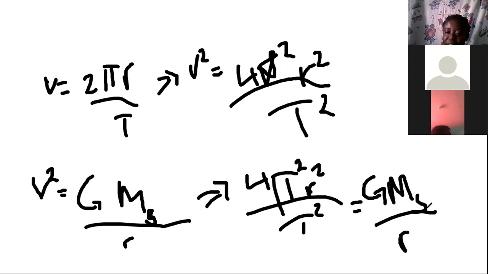Okay, so if you want to now bring the t, we multiply on this side by the inverse of what is here, then we have that 4 pi squared r squared over the t squared equals G mass of the sun, divided by the r.